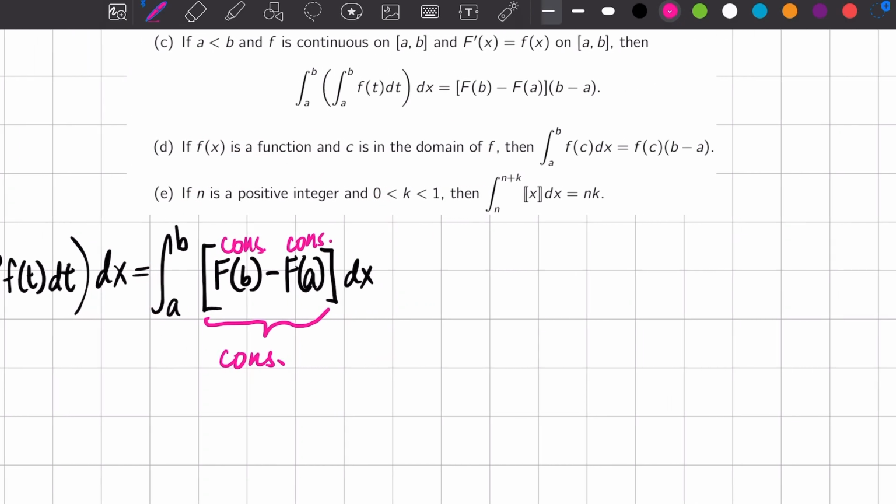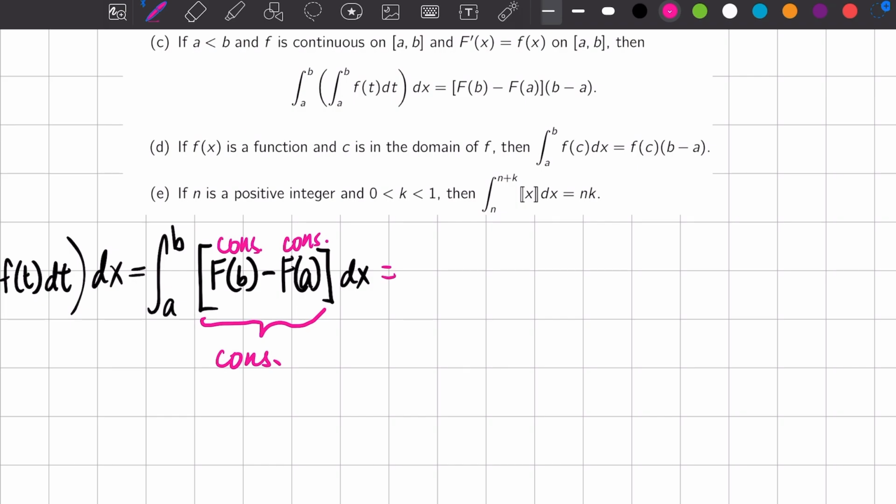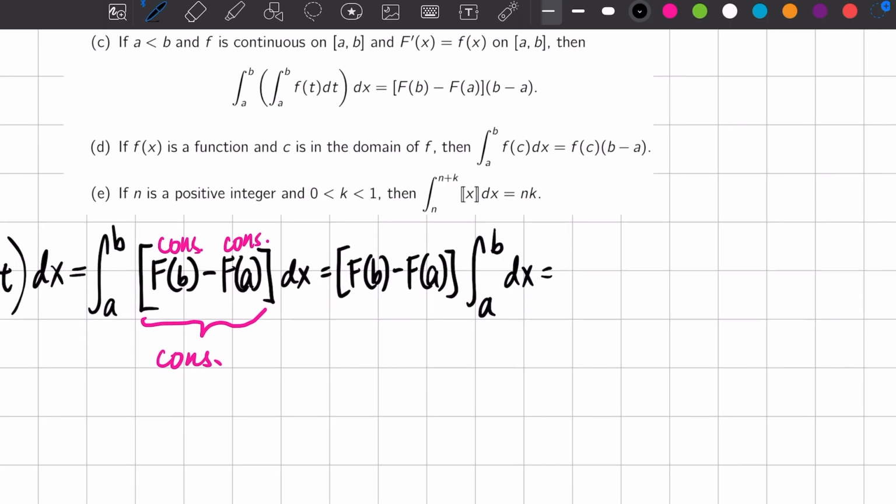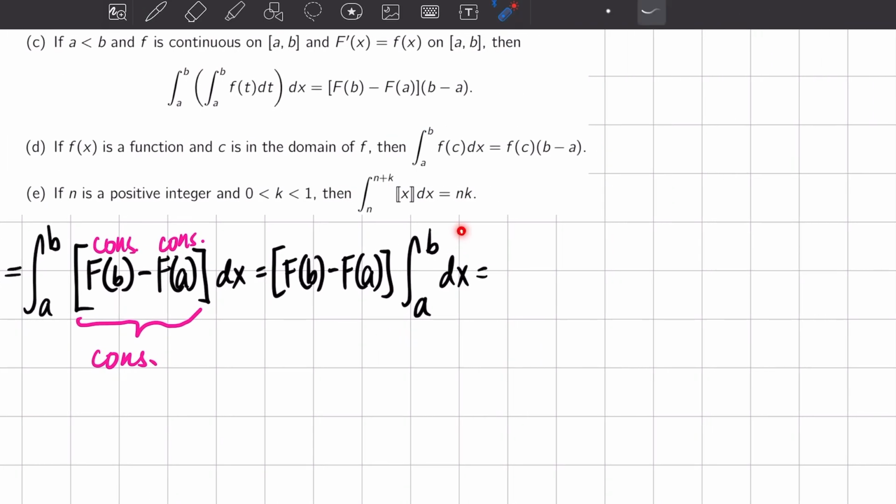So we have here F of b minus F of a multiplied by the integral from a to b of dx. And by our theorem, this one right here should just be b minus a.